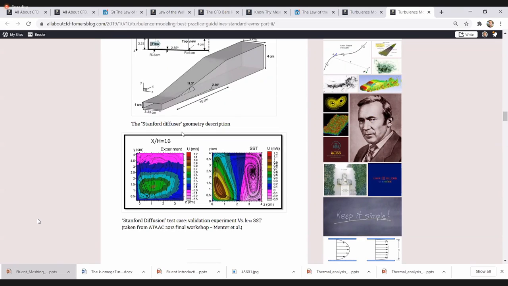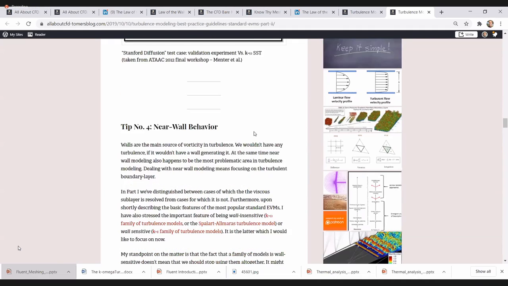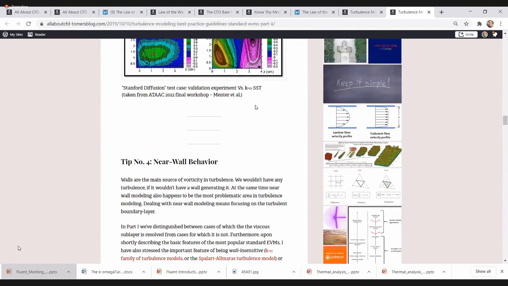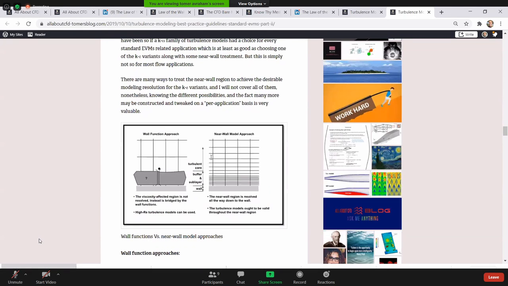That's the Stanford diffuser. Look how the flow is supposed to be, and the EVM model actually flips it. It's so wrong, it's horrible.